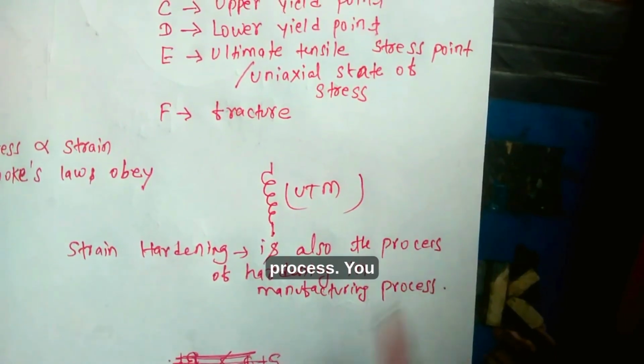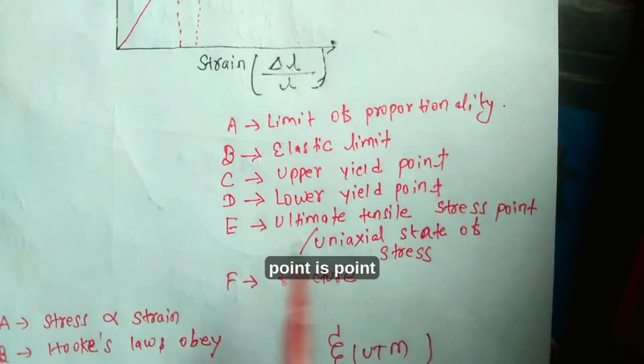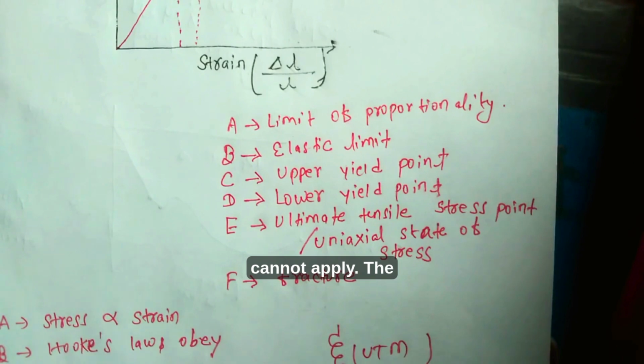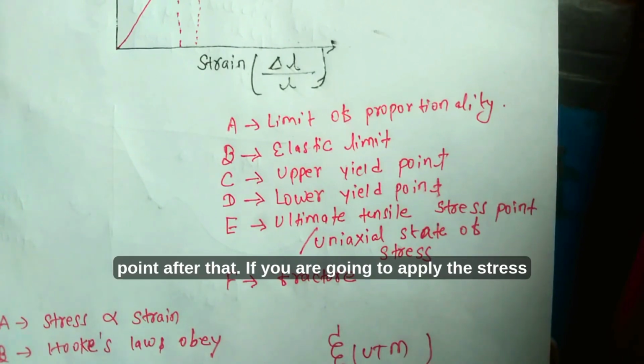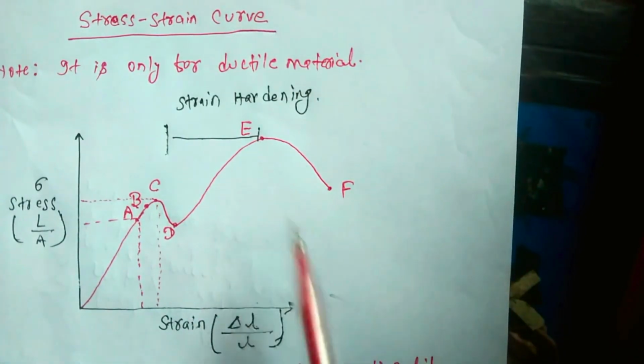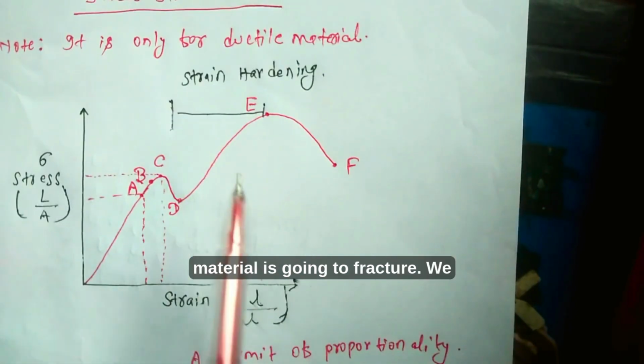You get this strain hardening up to point E, the ultimate tensile strength. The ultimate tensile stress point is the point where you get the maximum stress value. We cannot apply more stress after that. If you apply stress after the ultimate stress point, the material is going to fracture.